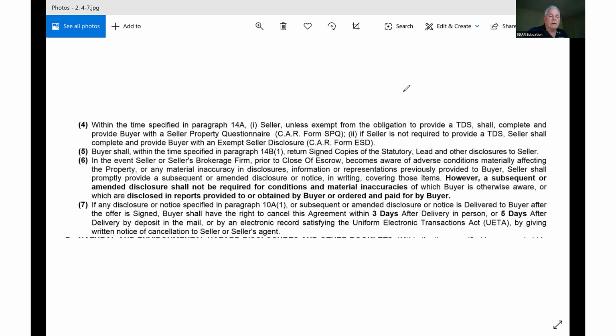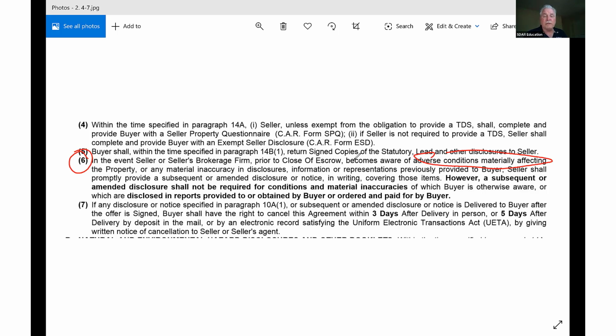Okay, all right. So number 6, let's take a look at number 6. In the event the seller or the seller's brokerage firm prior to closing becomes aware, now this is what we're going to call our duty to amend, of adverse conditions materially affecting the property. So all of a sudden something new came up after the disclosure.